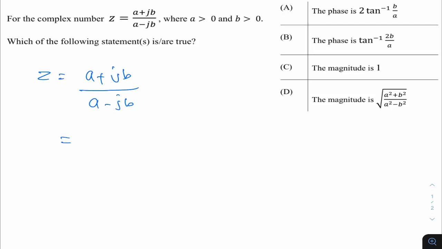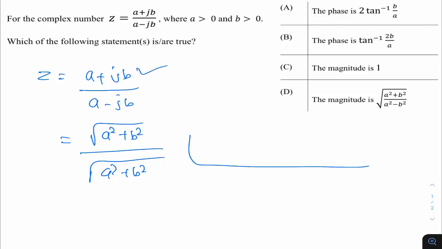If I try to find its magnitude, the numerator becomes square root of a square plus b square, and the denominator is also square root of a square plus b square. If I try to find the phase, for the numerator you get tan inverse of b by a, and because of the denominator you get a negative sign, so tan inverse of minus b by a.